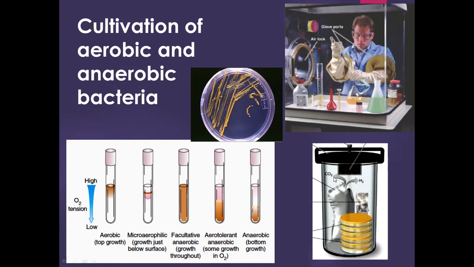Only in this condition without oxygen can the anaerobes grow. And if anaerobes are very sensitive to oxygen, like Bacteroides or Fusobacteria, we need an anaerobic box to work with them. In this area, the air is replaced with inert gas. It may be N2 or CO2 or argon, and only in this atmosphere can we work with these very sensitive bacteria.